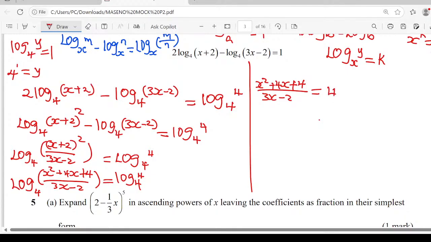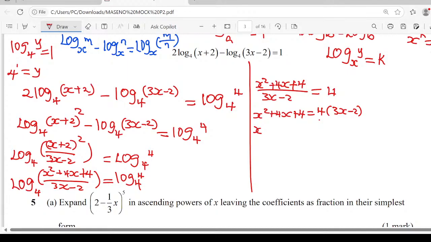Then I can remove this denominator by multiplying both sides by 3x minus 2, or I can just cross multiply. I'm now going to have x squared plus 4x plus 4 should be equal to 4 into 3x minus 2.